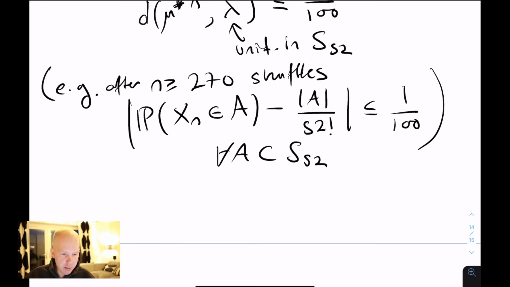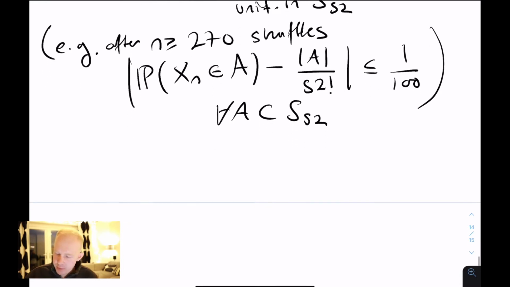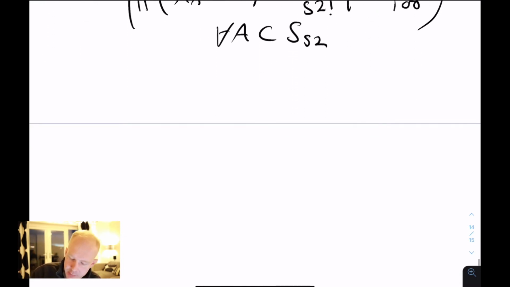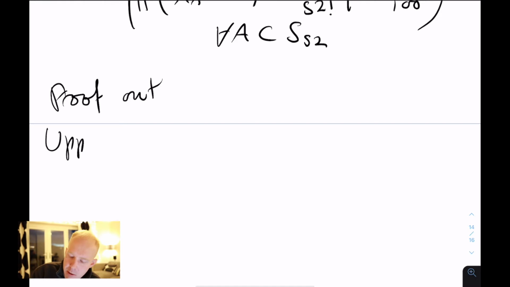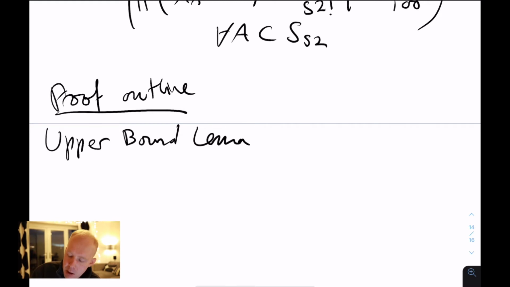What we need to do is basically compute the Fourier transform. So, the outline: the upper bound lemma gives the following.